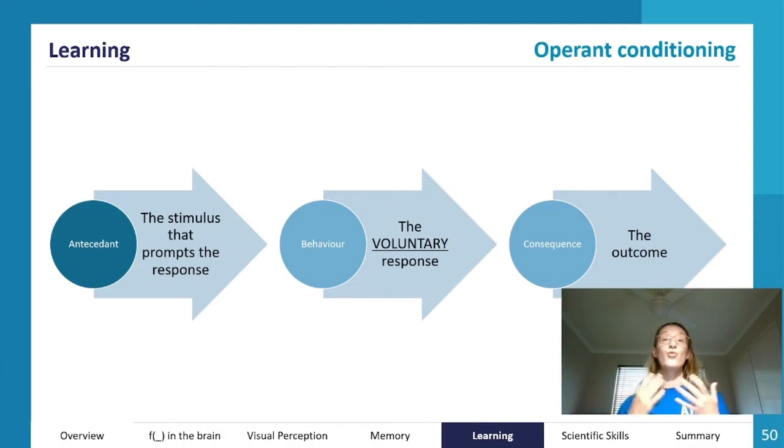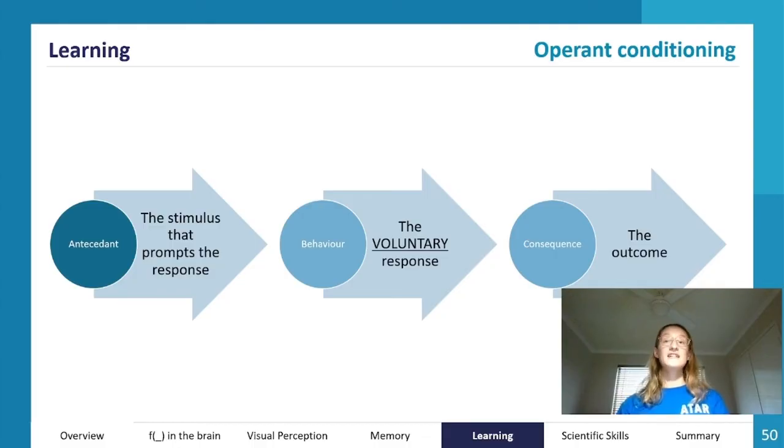For example, if one of the siblings actually chose to hit their sibling rather than resolve the conflict constructively, that's actually the behavior that child has consciously and voluntarily chosen. So again, we have our antecedent, our environment is a stimulus that prompts the response, which in our example is our behavior, our voluntary choice to hit. The consequence, which is the outcome, the parents might actually put the child in timeout. That could be the consequence.